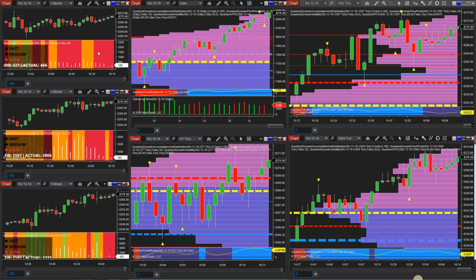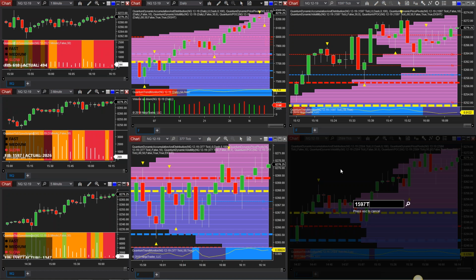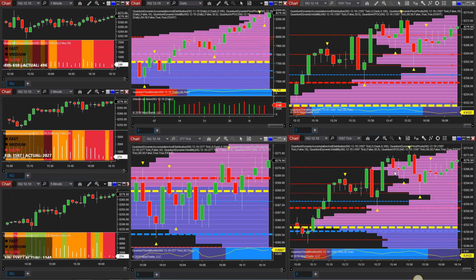We've got some orange, but it's primarily red that's just dominating this market. In other words, it tells you here it's very slow, very sluggish. There's no great momentum. It's the same on 3 minute, and the same is now impacting on 5 minute. These are now running at the same speed, 1597, so this one has dropped also. So we're just in congestion.